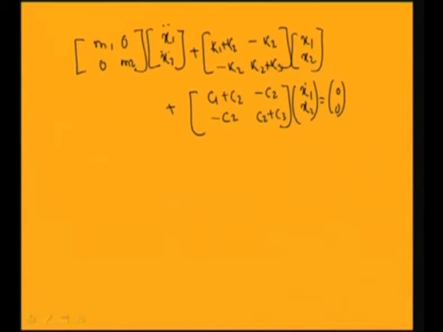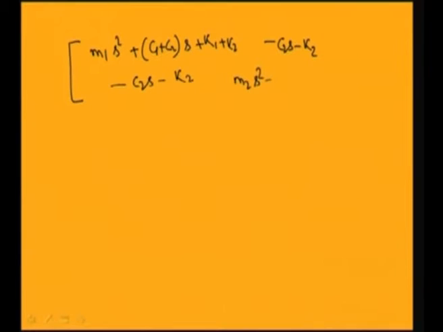So, after getting this equation of motion, you can assume a solution in this form. You can assume x1 equal to a1 e to the power st and x2 equal to a2 e to the power st, and last class we have seen by applying this in the original equation of motion, you can reduce this equation to this form.